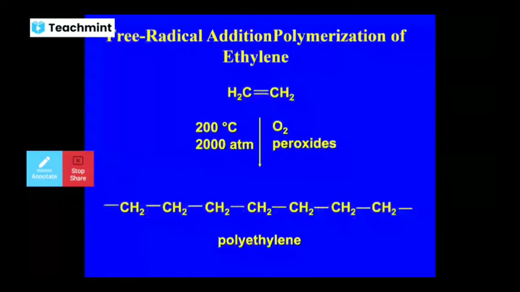Free radical addition polymerization of ethylene. This is ethene which, when oxidized in the presence of peroxide at a temperature of 200 degrees Celsius and 2000 atmospheric pressure, gives polyethylene.